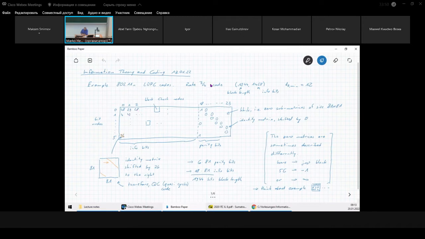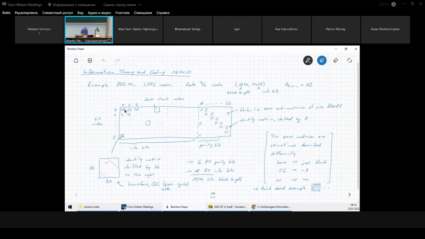But here we selected this example, and the parity check matrix is again defined by such a base matrix or base array or base graph, however you want to call it, containing some numbers, where the numbers basically indicate the shift of an identity matrix.